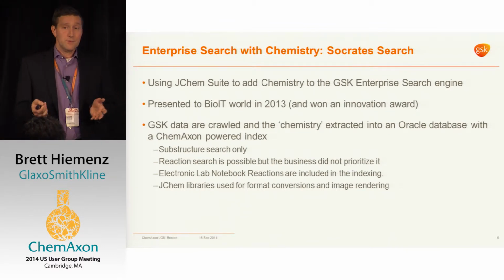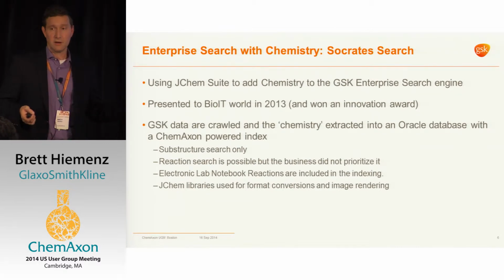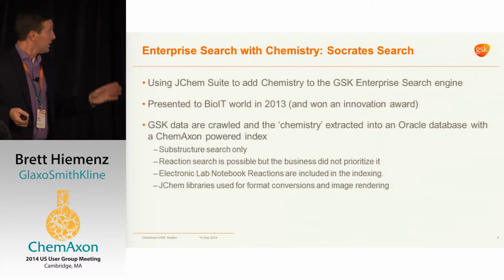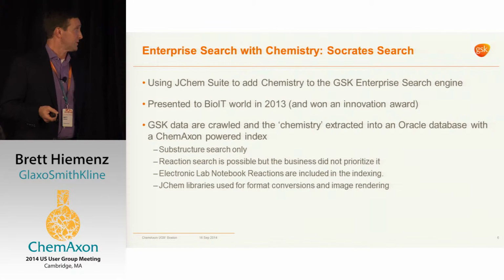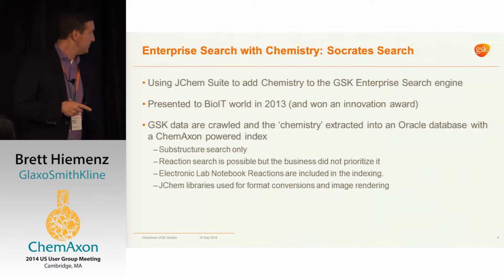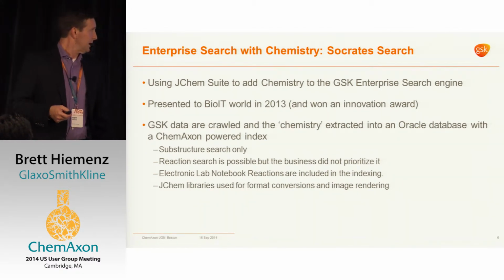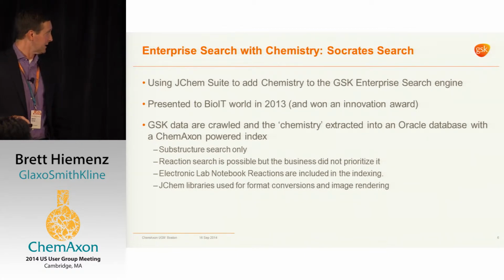So this allows you to do a substructure search across, basically all across GSK. We also had the ability to do reaction search, but business really wasn't all that interested in it. Except they did want to be able to search electronic lab notebooks reactions, and those are included for the indexing.